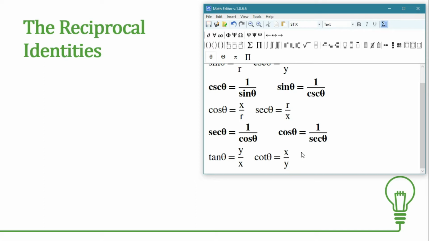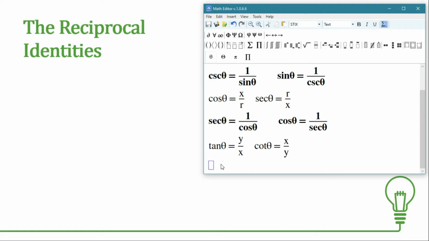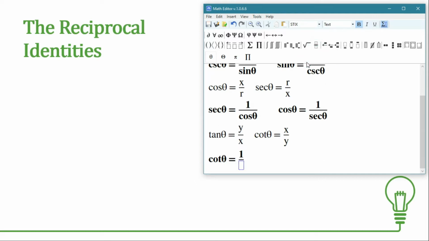Then again, applying the things that we have applied from the 2 previous concepts, we can represent the cotangent function as the reciprocal, or as 1 over the tangent function of an angle. And on the other hand, we can represent the tangent function of an angle as the reciprocal of the other, and that is 1 over the cotangent function.